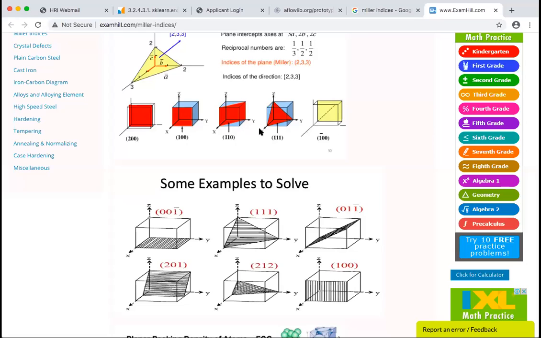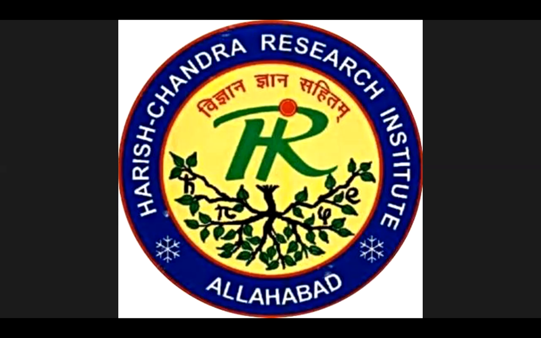Okay, just see these figures, and I hope you understand what we are talking about. We are talking about different families of lattice planes, which can have different intercepts on the real space lattice vectors. Okay, let me stop this and go over to this.